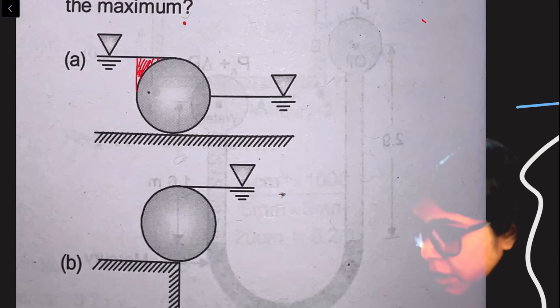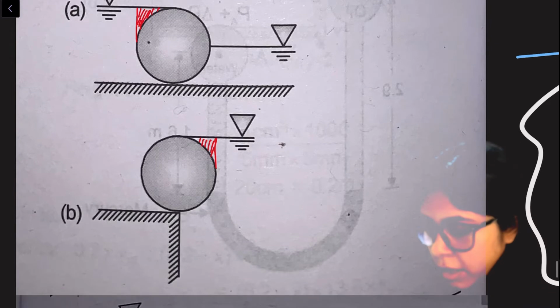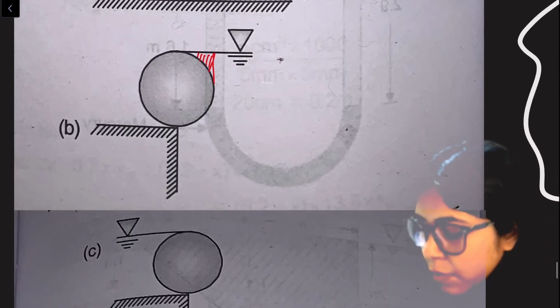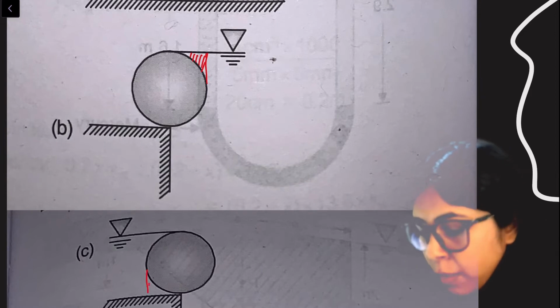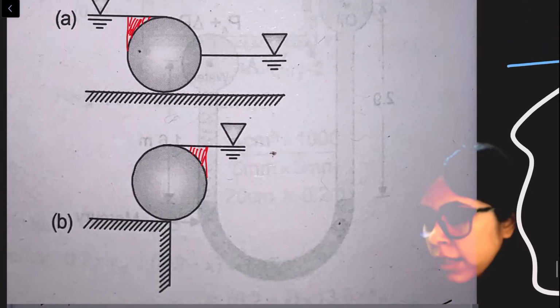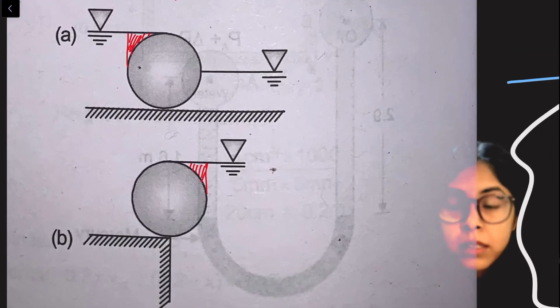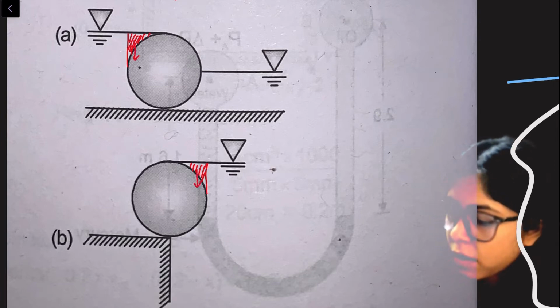Now in B also, I see the same amount but in the opposite direction, this same liquid is supported. In C as well, the weight of liquid, even though it is down here, here the water is supporting the body, not the body supporting water. In this particular area the body is supporting water. So in all three places the same amount of water is supported, the same amount of vertical force is acting.